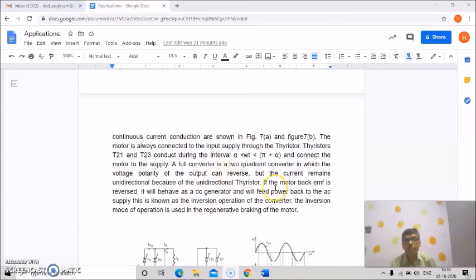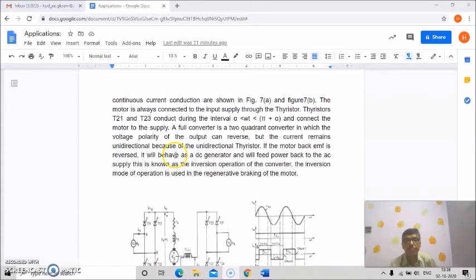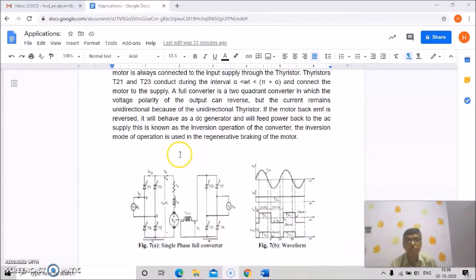The thyristors T21 and T23 conduct during the interval alpha to pi plus alpha, and connect the motor to the supply, as shown here.